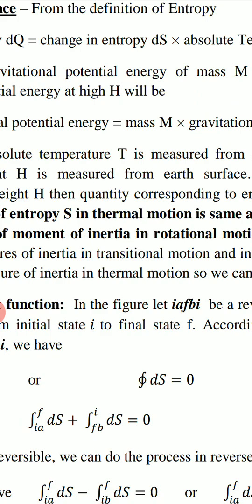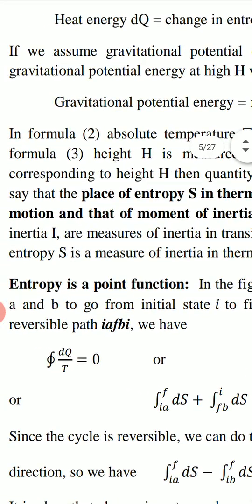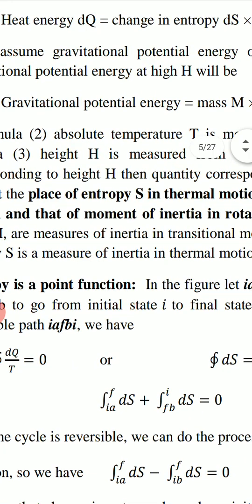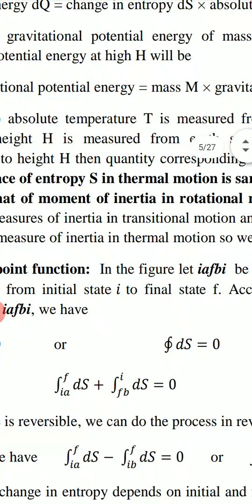So first we see what is the physical significance of mass m. Mass m is a measure of inertia in translational motion, and similarly for rotational motion, measure of inertia is moment of inertia.